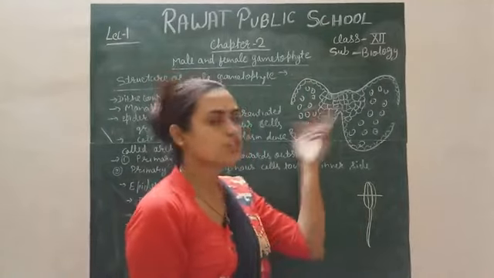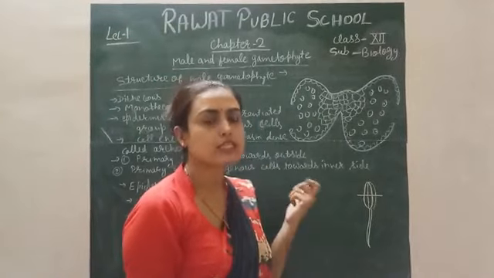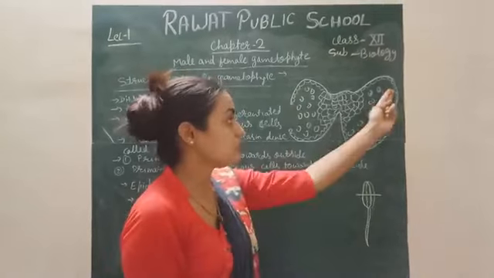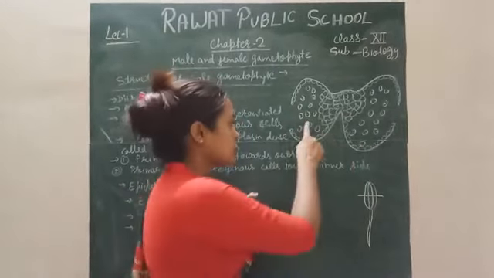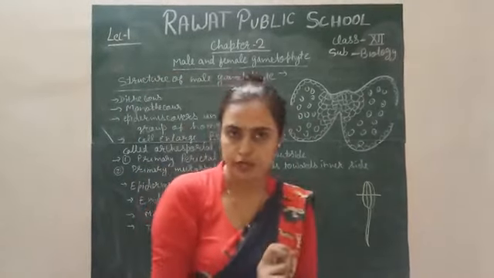The 4 chambers of microsporangia are present in the dithecous anther, and these microsporangia actually produce the pollen grains. These pollen grains are formed in the microsporangia.